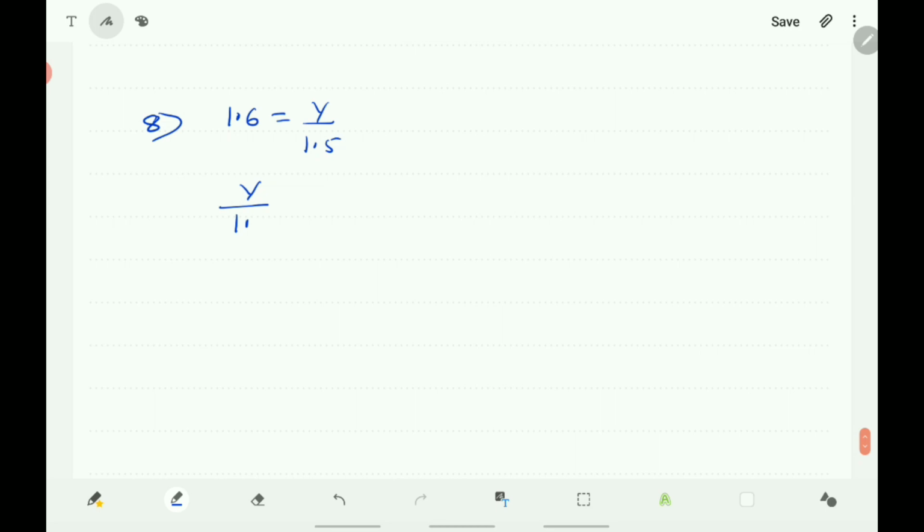That is y by 1.5 is equals to 1.6. Then here y divided by 1.5 means to cancel 1.5 it must be multiplied by 1.5. So you must multiply both LHS and RHS by 1.5. That is nothing but transferring 1.5 to the RHS. So it becomes y is equals to 1.6 into 1.5.